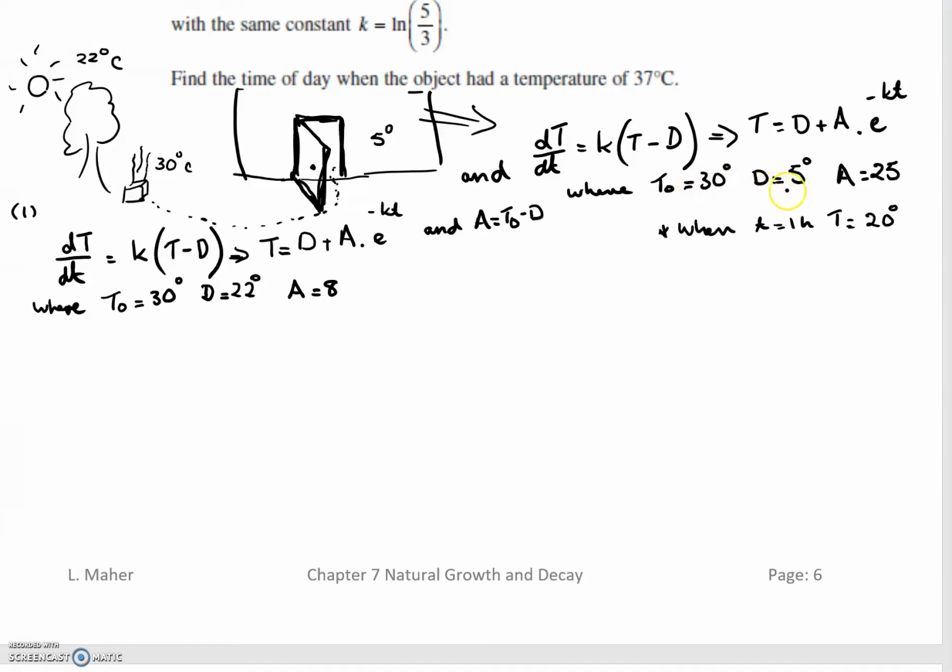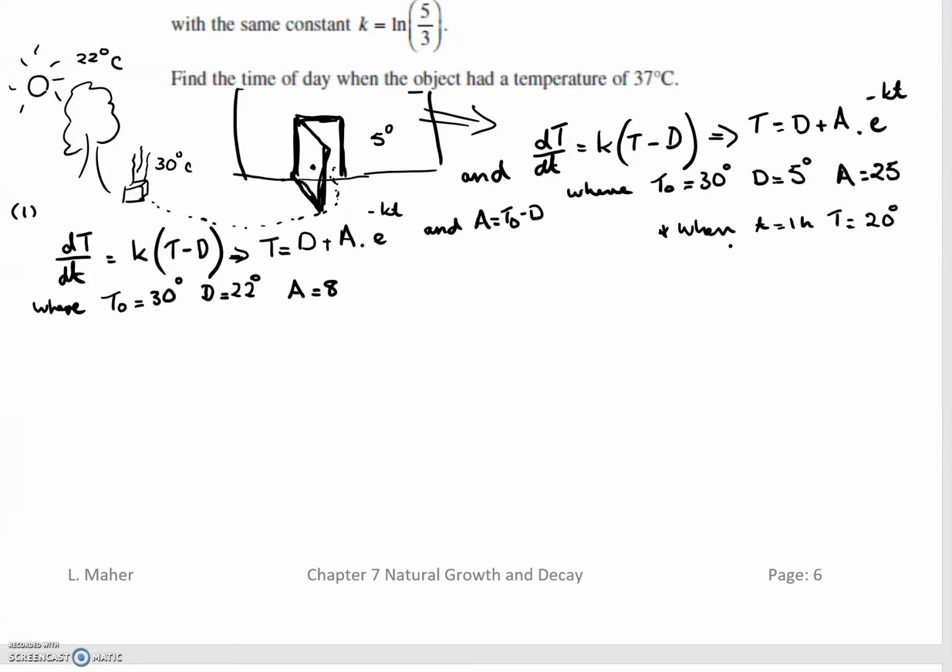The constant temperature of the room inside is 5, and that then leads us to the calculation that A would be 25. Another piece of information we know is that 1 hour later the object still measured 20 degrees.